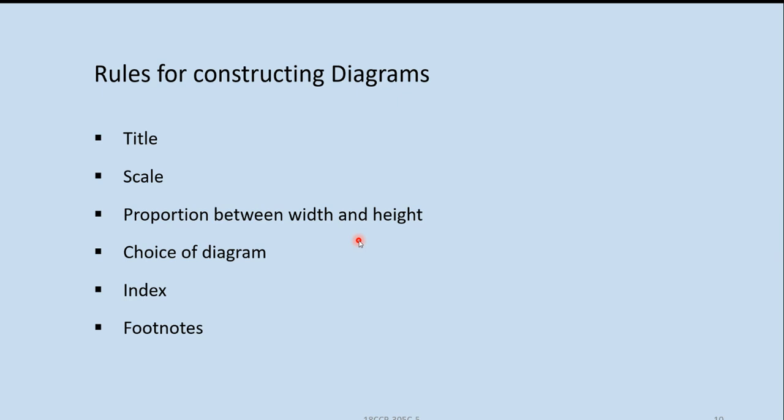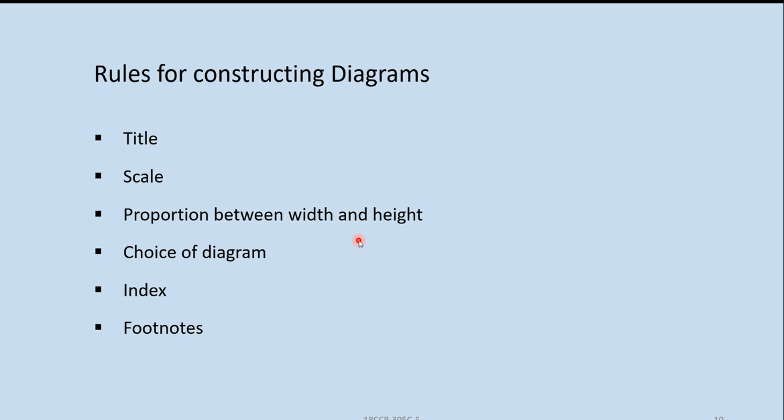Index means what I said now: for which scale you are using which diagram, and which part of the diagram is indicating which part of the data, that we have to show very clearly. All the data should be covered in the diagram.